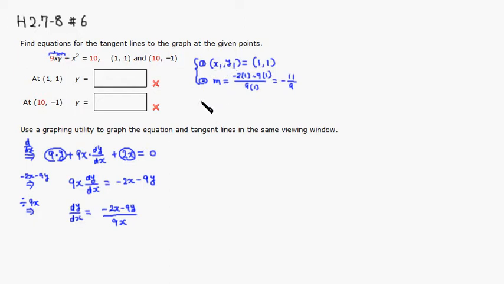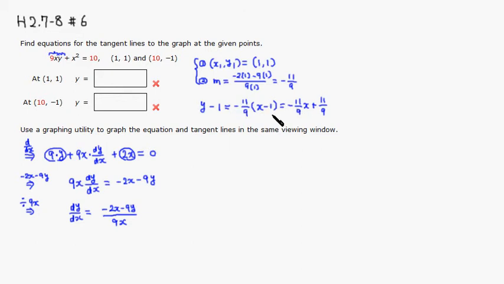So the equation in point slope form is y minus y1, which is 1, equal to negative 11 over 9 times (x minus 1). This equals negative 11 over 9 x, and negative 11 over 9 times negative 1 is plus 11 over 9.